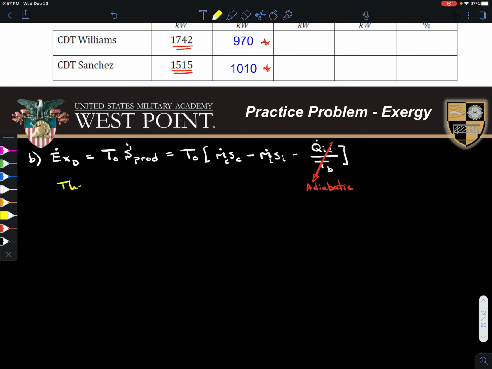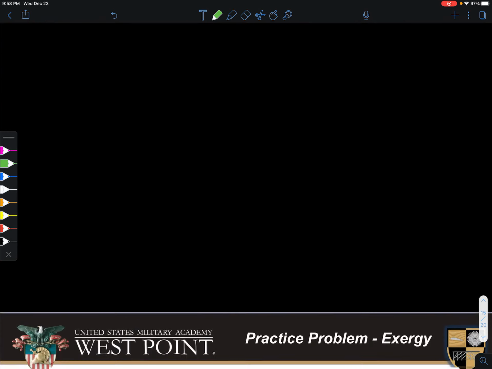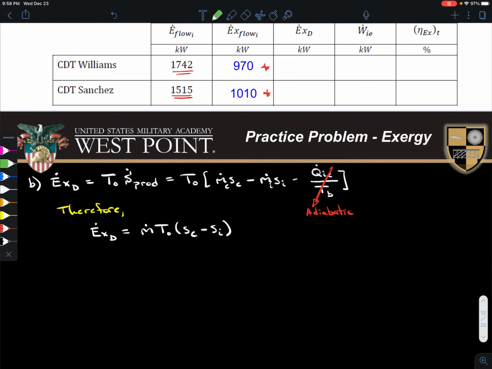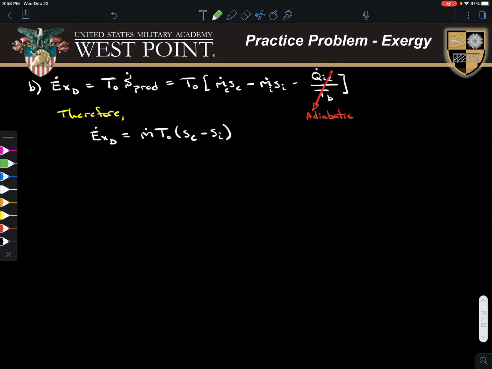So we could then say, therefore, our exergy destruction is equal to our mass flow rate times our dead state temperature times the difference in our entropy at the inlet and exit of the system. Whoa, we really jumped around there. Let's call this equation 3.